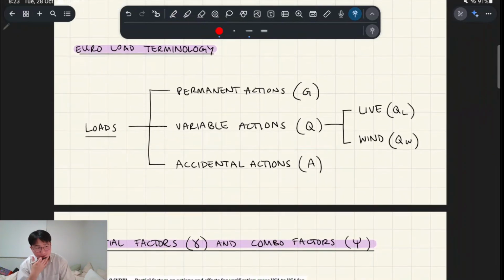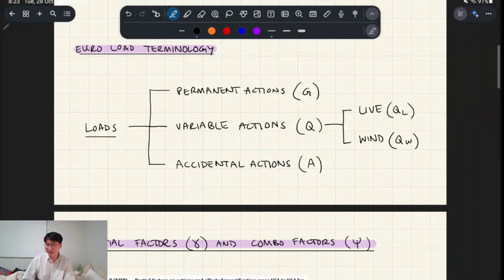Then there's accidental load, which we won't really focus on, but there's a whole different set of load combinations for accidental actions in the Eurocode. Accidental actions include earthquakes, and crash loads, if a car bumps into something it's not supposed to. Explosions too.